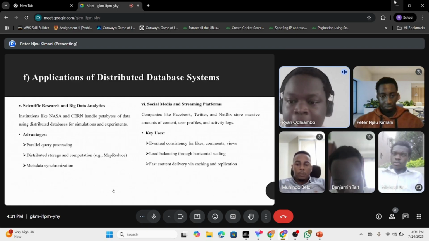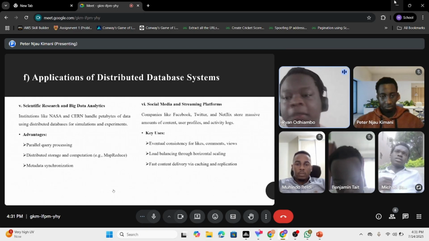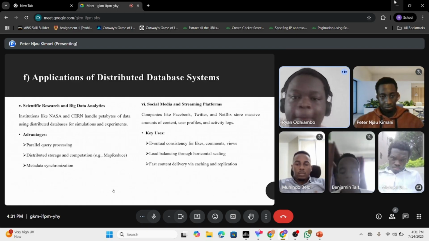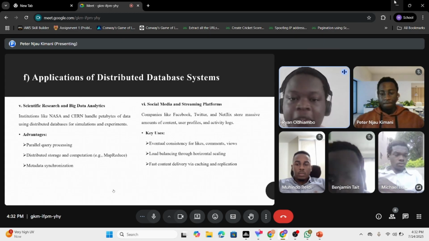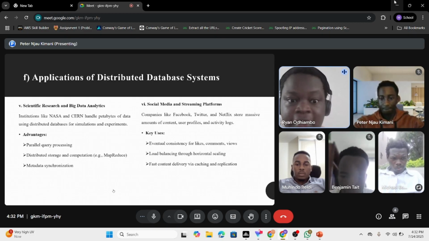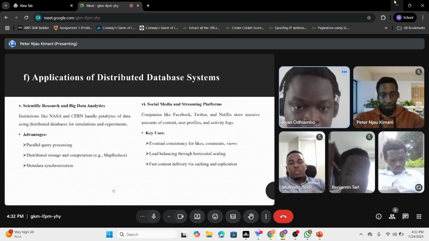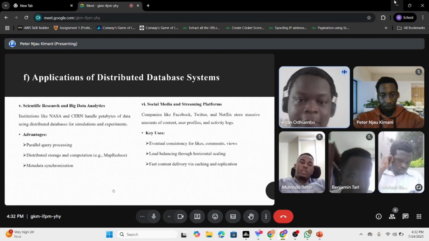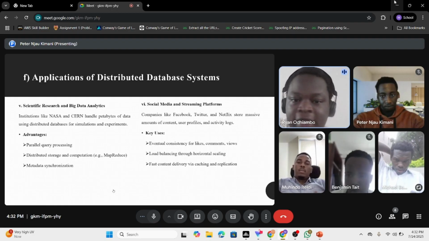Some examples: we have Facebook, Twitter, YouTube, and Netflix. These organizations store massive amounts of content, as well as user profiles and activity logs. Some key uses are consistency, for instance in the cases of likes, comments, and views.